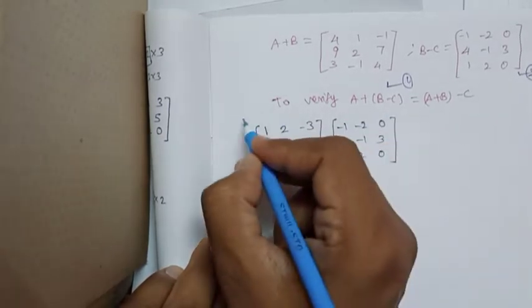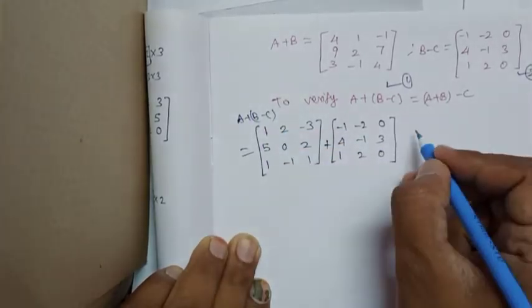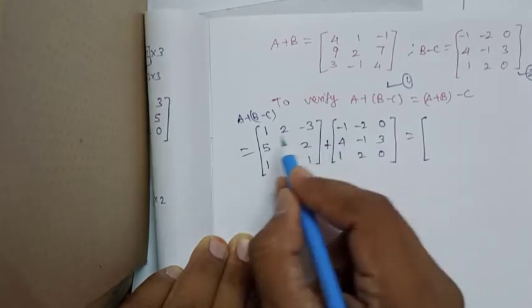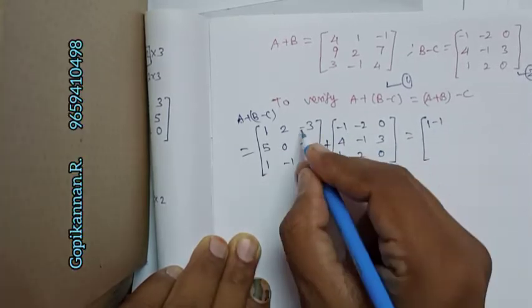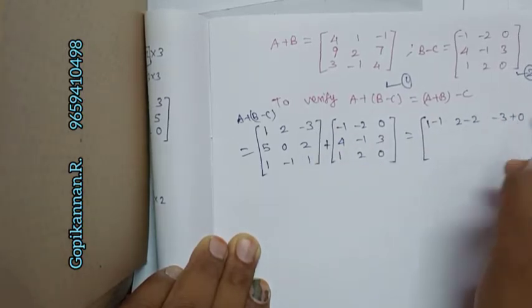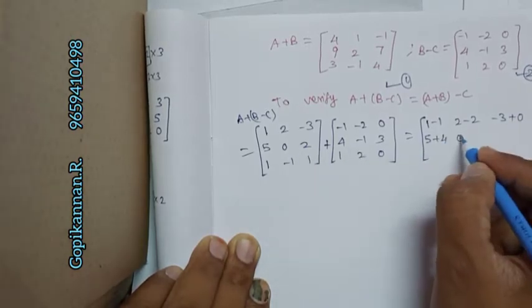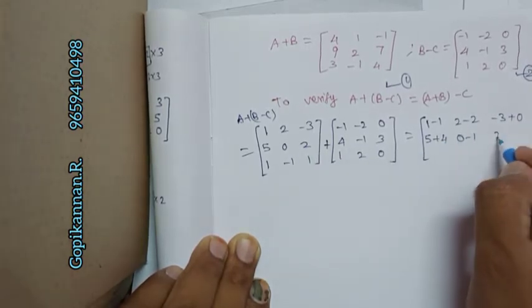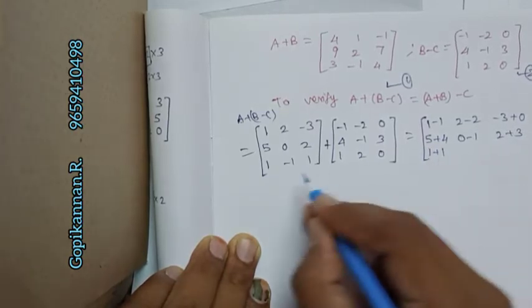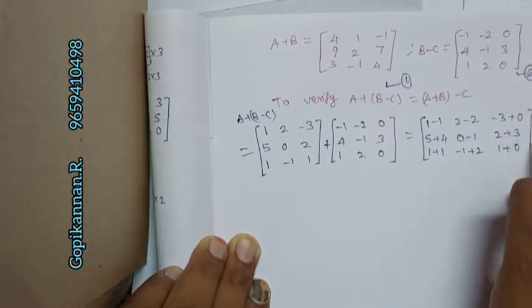This is the left hand side, A plus (B minus C). We add the two matrices, the corresponding elements: 1 minus 1, 2 minus 2, minus 3 plus 0, 5 plus 4, 0 minus 1, 2 plus 3, 1 plus 1, minus 1 plus 2, 1 plus 0.